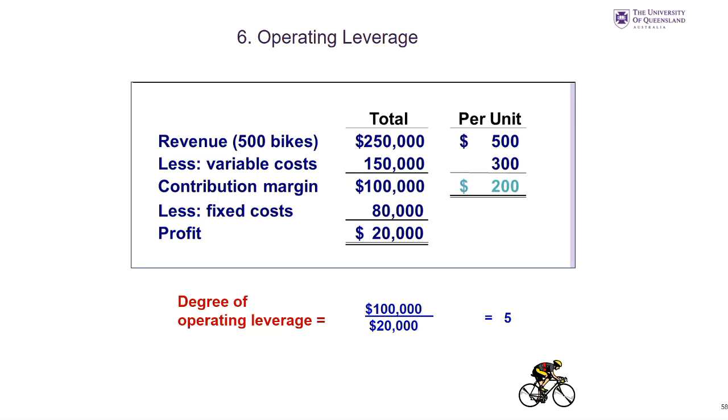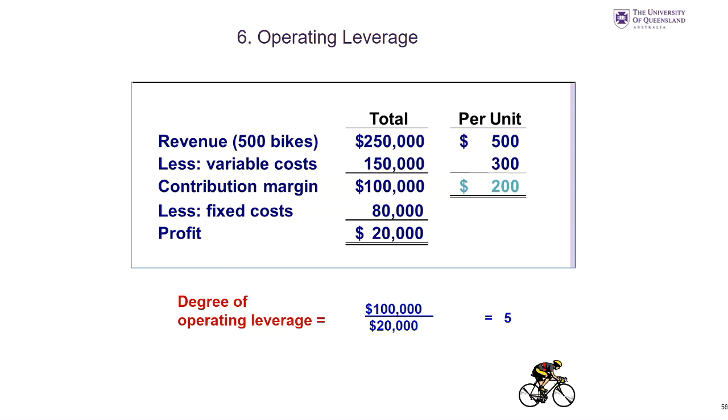Okay, so putting some numbers to it, which is often really helpful to understand these concepts better. So very simply, we've got a bike example. On the left-hand side, we've got a very simple contribution margin format profit statement or income statement. We know that we sold 500 bikes for $500 per bike. The total revenue is $250,000.